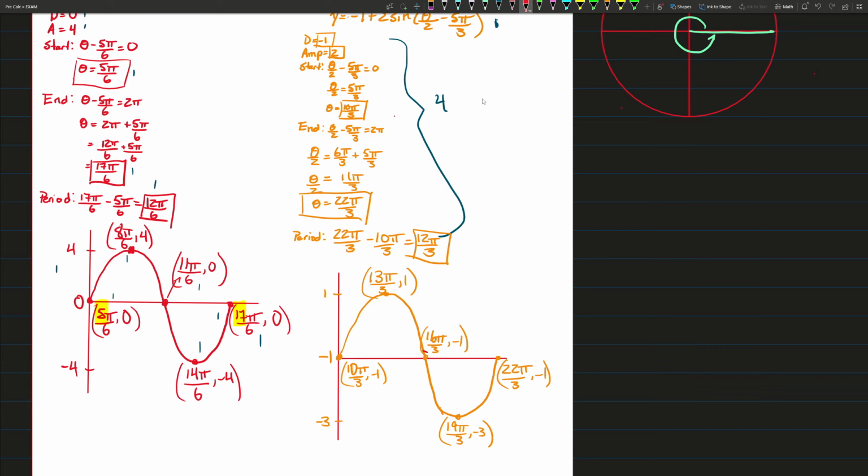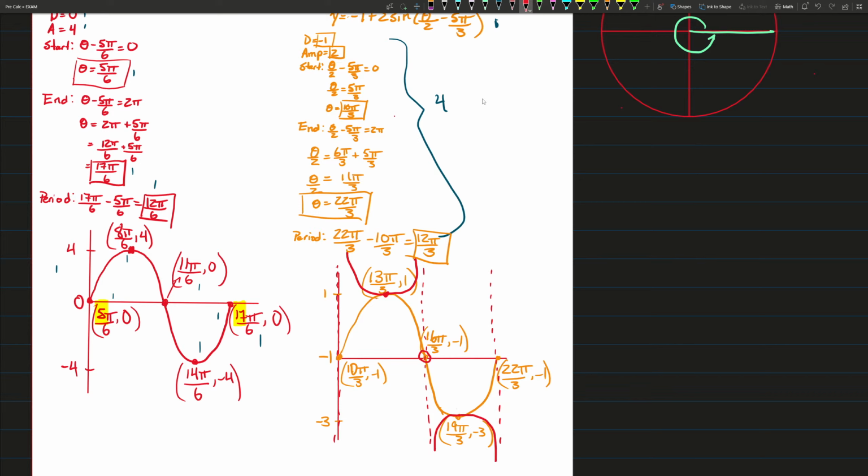Where we cross the center line, that is going to be a vertical asymptote. And then we have one along our original line. Okay, and then we draw up from the maximums and down from our minimums. And that's the graph.